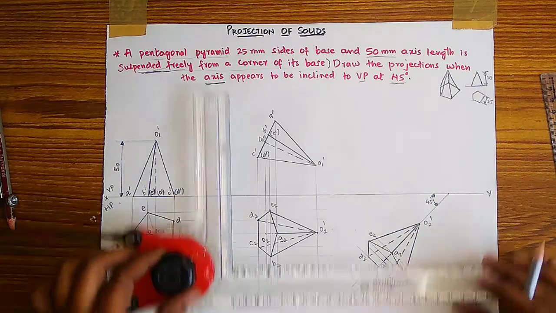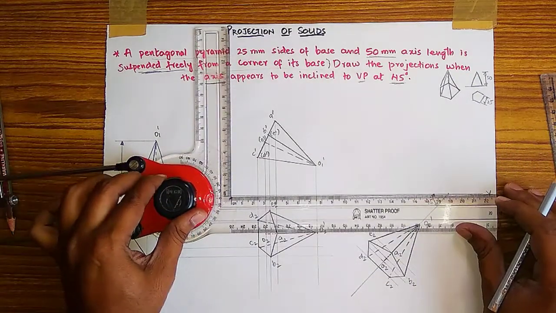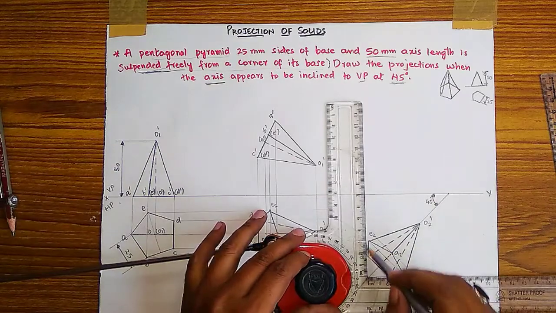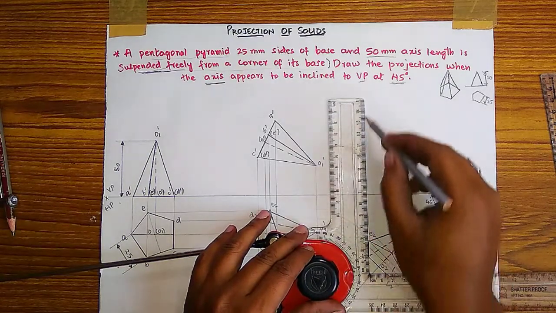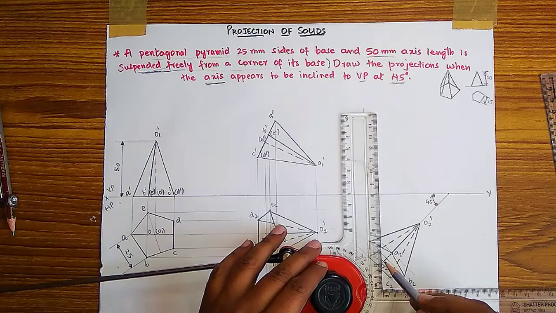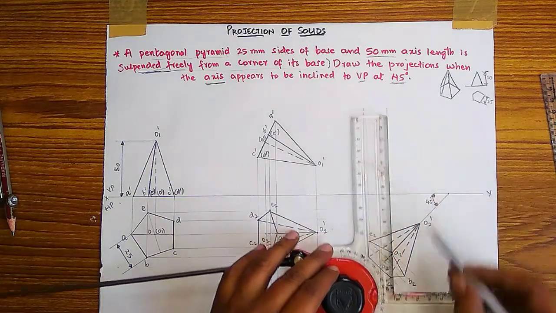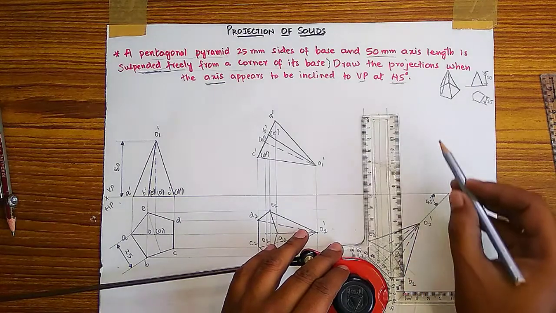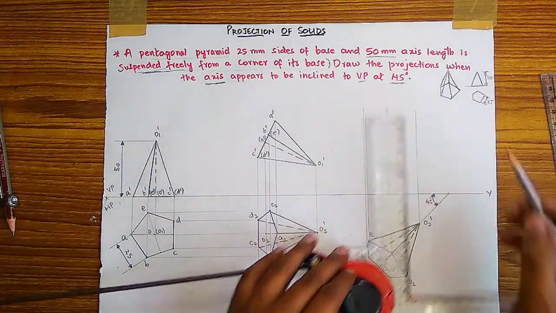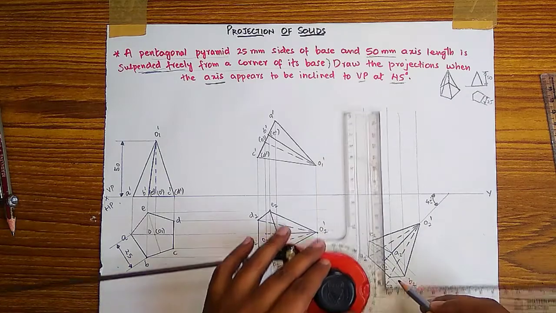Then you have to take projection lines from each point. 1, 2, 3, 4, 5, 6, one more, 7.